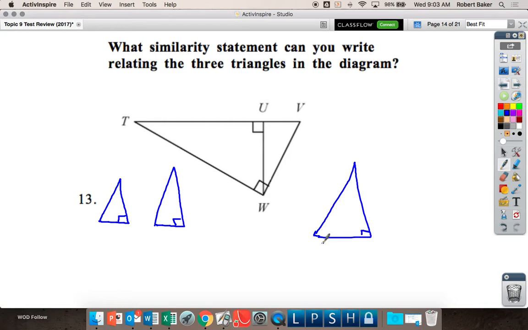Why is this different than every other question we've done about right triangles? There's no numbers. So what do we do?